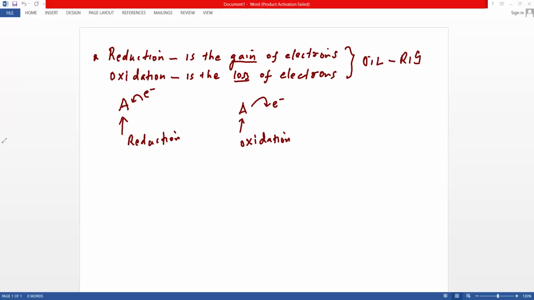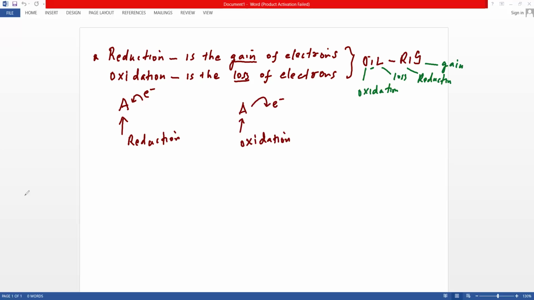To remember this, you can use OIL RIG, which stands for: Oxidation Is Loss of electrons, whereas Reduction Is Gain of electrons.